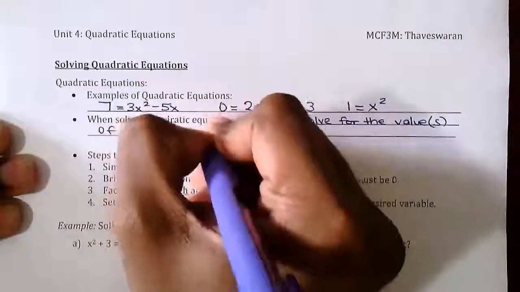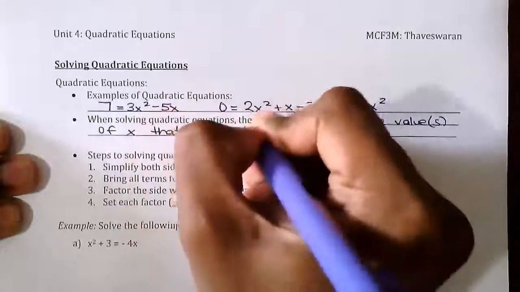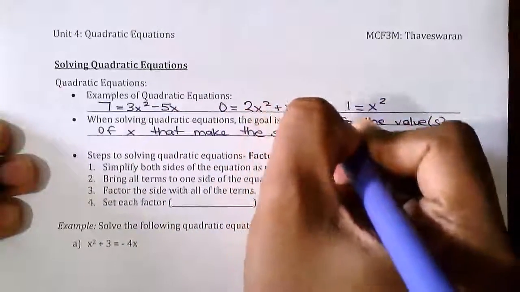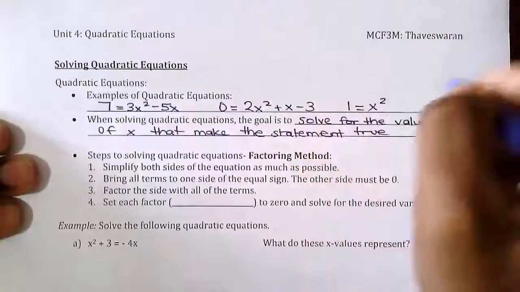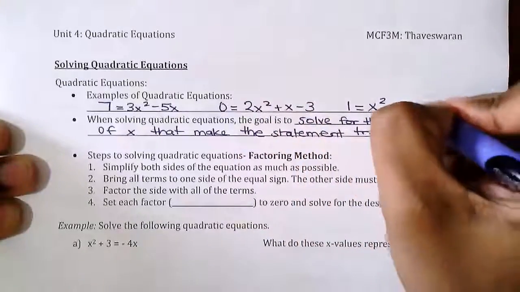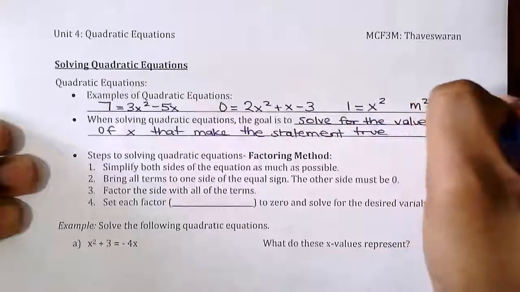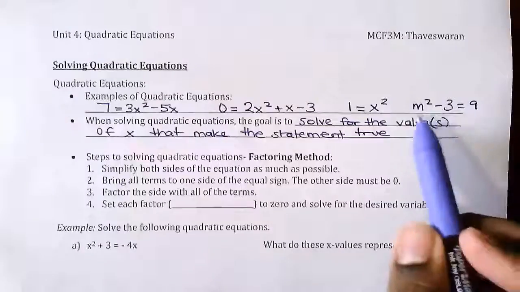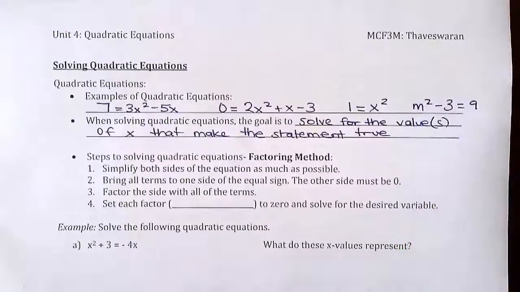And just like before, it doesn't have to be an x. This is still a quadratic equation because the highest degree on the variable is a 2.